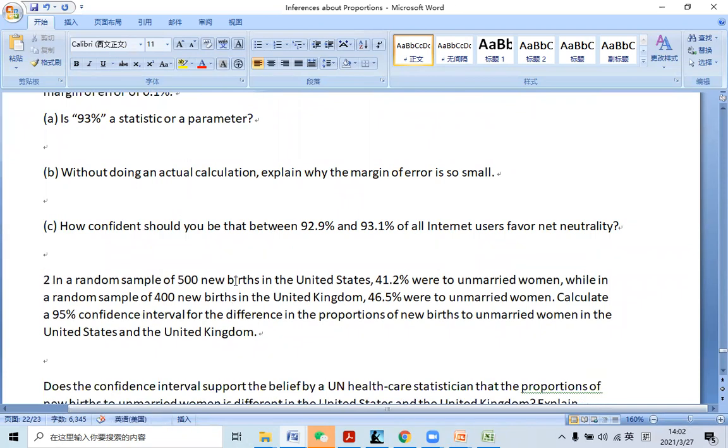And then let's look at this one. How confident should you be that between 92.9 and 93.1% of all internet users favor net neutrality? You get these two numbers.